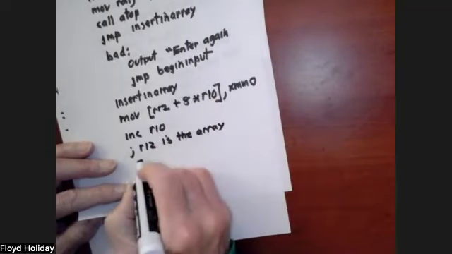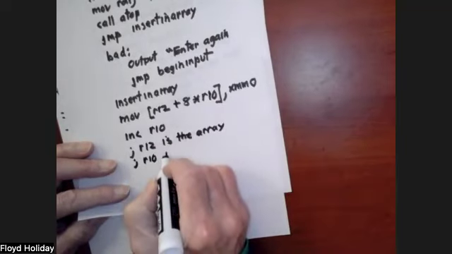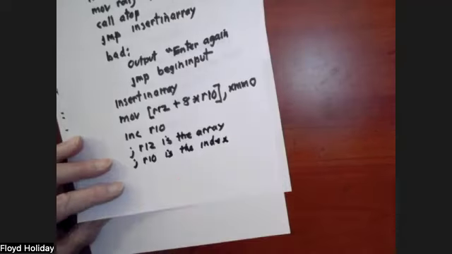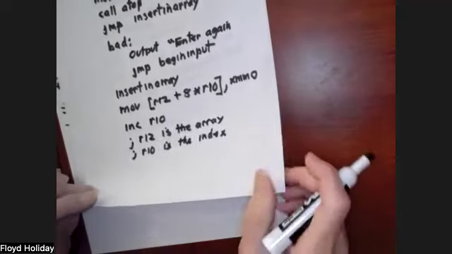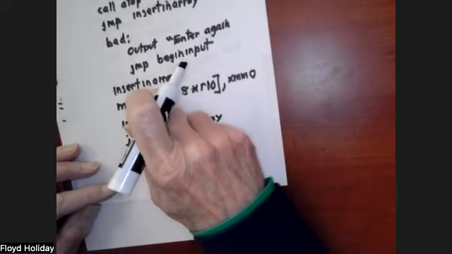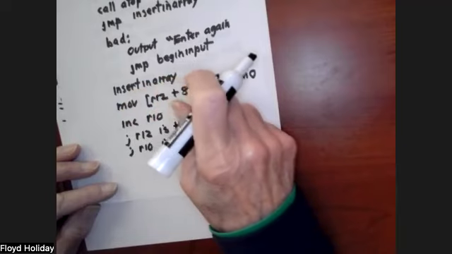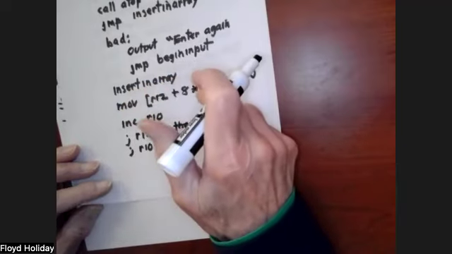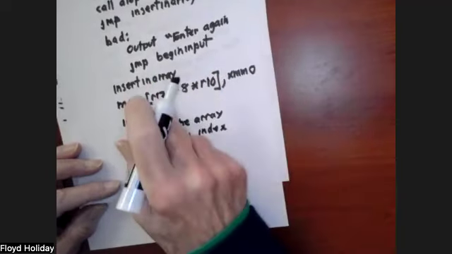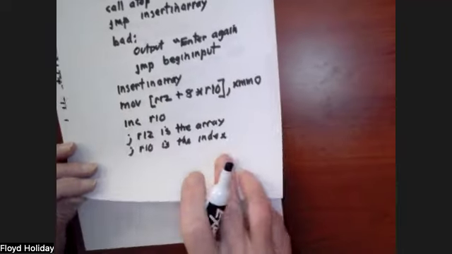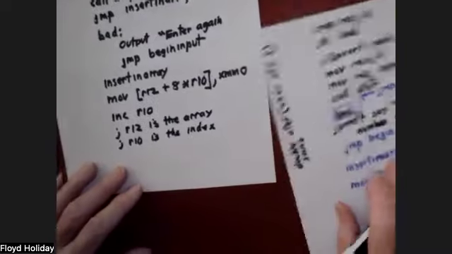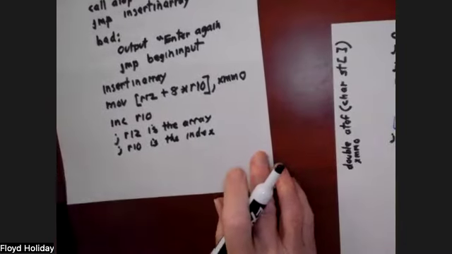R10, as I've used over here, is the index of the array. I hope those are the same registers as last time, but the form is usually about the same. You name the array at the beginning, and you add 8 times 8 for 8 bytes in a cell times the index number. And then this goes here, and then we increment it, the index one larger. Okay, this was almost right, but this is cleaner. This shows what's happening.